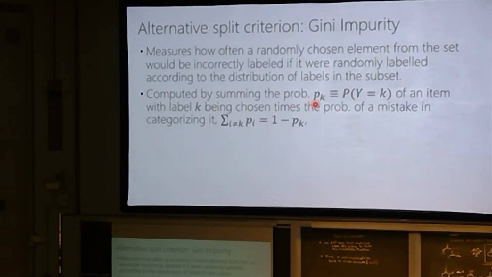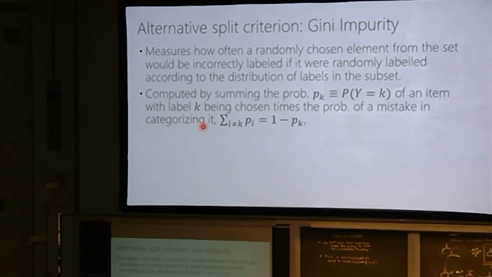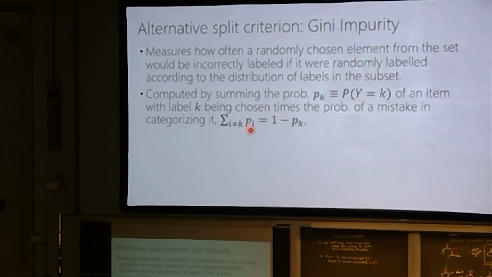So it's computed by summing the probability of an item with label K being chosen, which is just according to the proportion that it's there, times the probability that you would make a mistake in categorizing it. The probability you would make a mistake is the sum over all the other categories, right? So if there's K categories, you sum over all the other ones, and that's the probability that you would misclassify it.